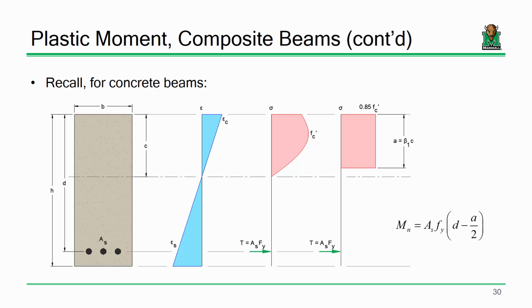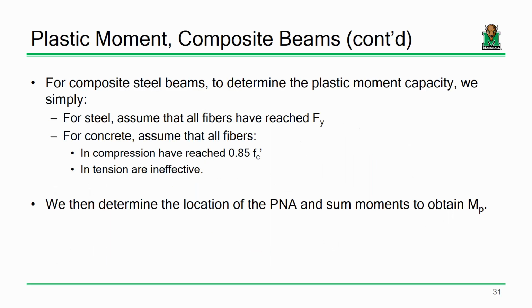Find that a distance to where C equals T, and then there's your nominal moment capacity, right? Everybody in this room has seen something like that before, am I correct? All right. So what we're going to try and do is kind of combine those two ideas to determine what is Mp for a composite beam, okay?